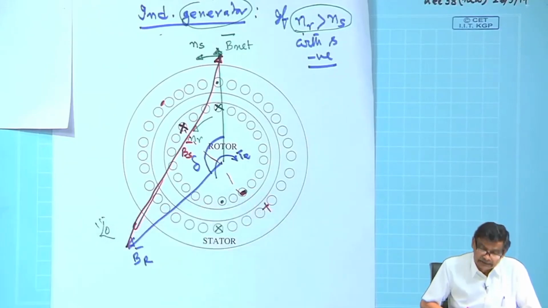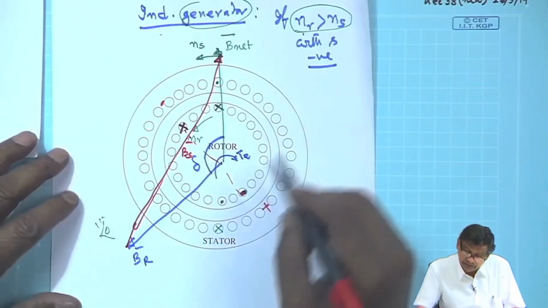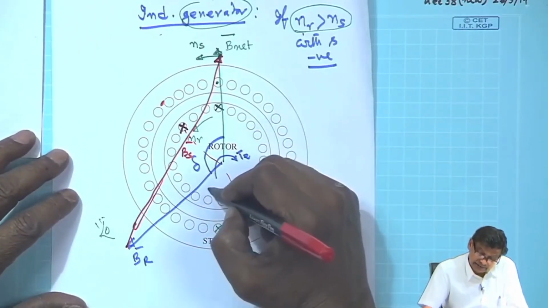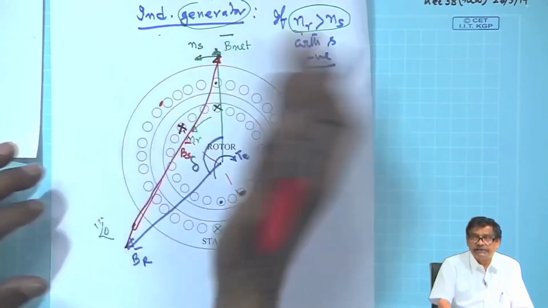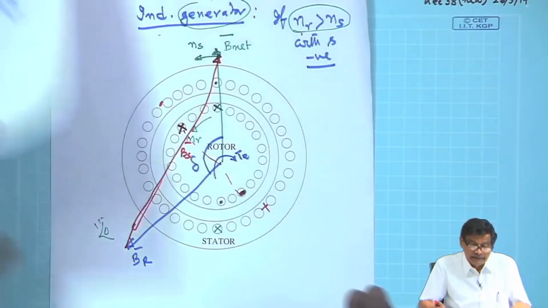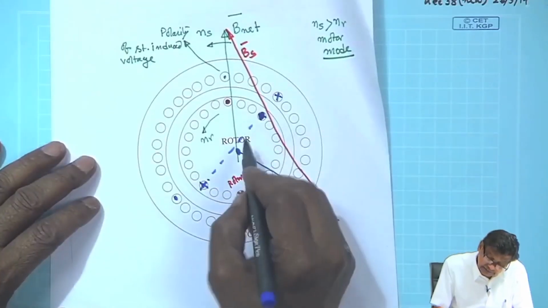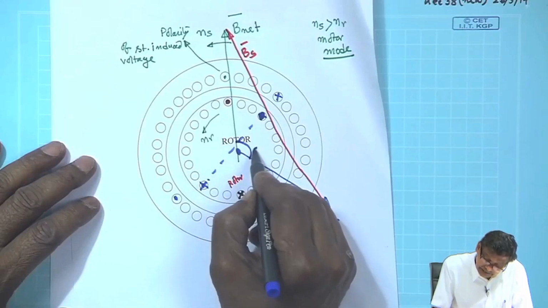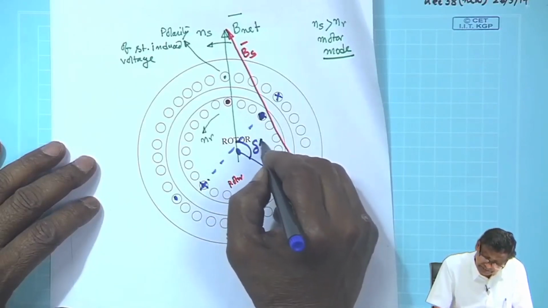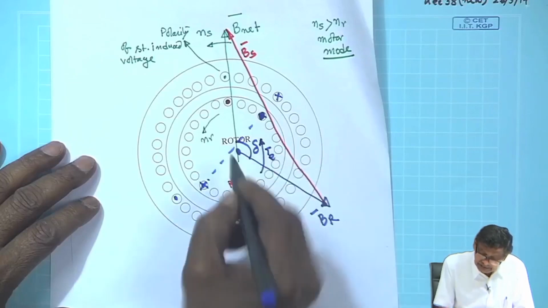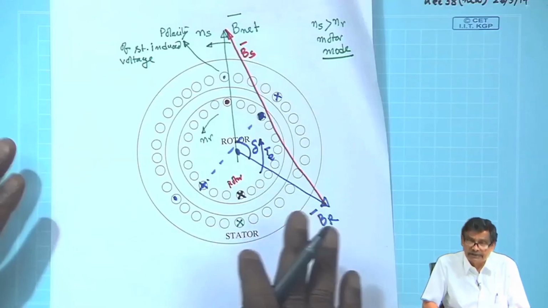Similarly for the rotor, and mind you, this is delta, and we have already seen that the direction of the electromagnetic torque is from B R towards B net. In case of motoring mode, you see this is delta, and the torque will be in this direction, along the direction of rotation. Everything is now consistent.